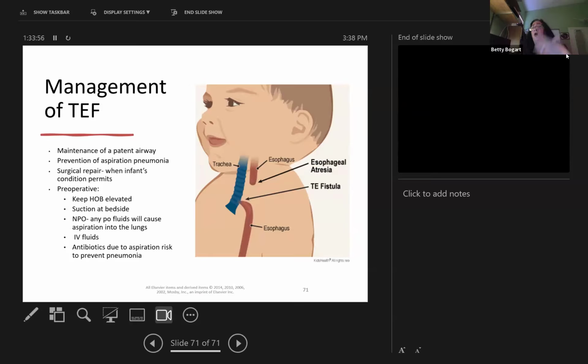I have seen one with a cardiac condition with esophageal, transesophageal fistula. I've seen that, and they had to wait for the cardiac to be fixed first, but usually they do it pretty quickly. So, preoperatively, before we do surgery and connect everything and take out that fistula, keep the head of the bed elevated, right?